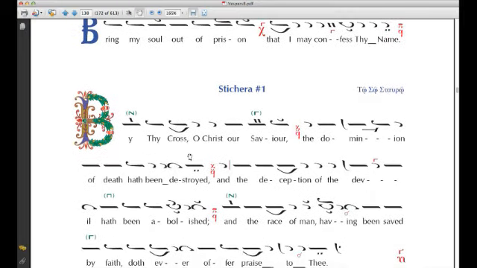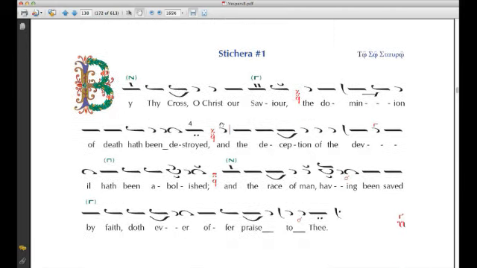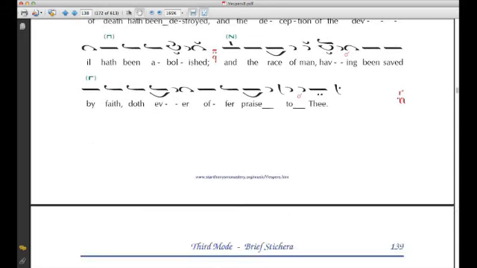By thy cross, O Christ, our Savior, the dominion of death has been destroyed, and the deception of the devil has been abolished, and the race of man, having been saved by faith, doth ever offer praise to thee.